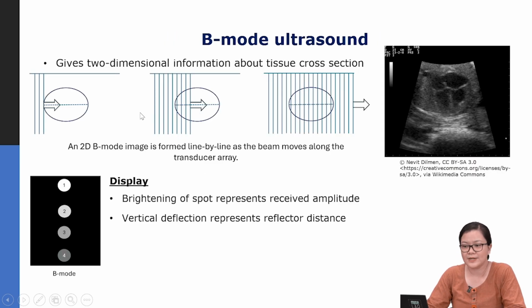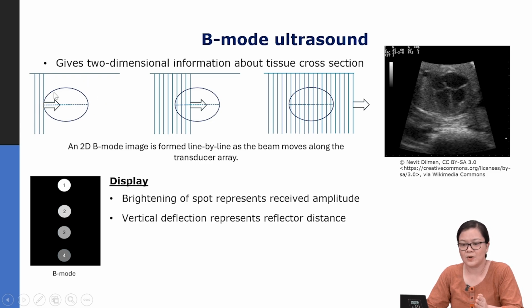And so what we do to get this B mode ultrasound image is that we scan at one location after another, line by line. We would move the transducer, or for an array, we would move the area at which the ultrasound beam will assess. So in this case, we're moving from left to right here.